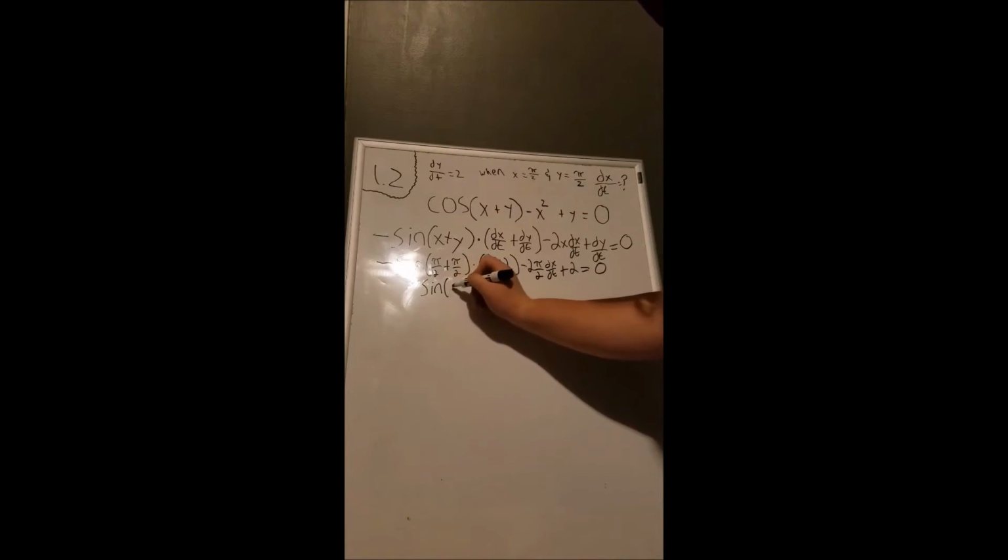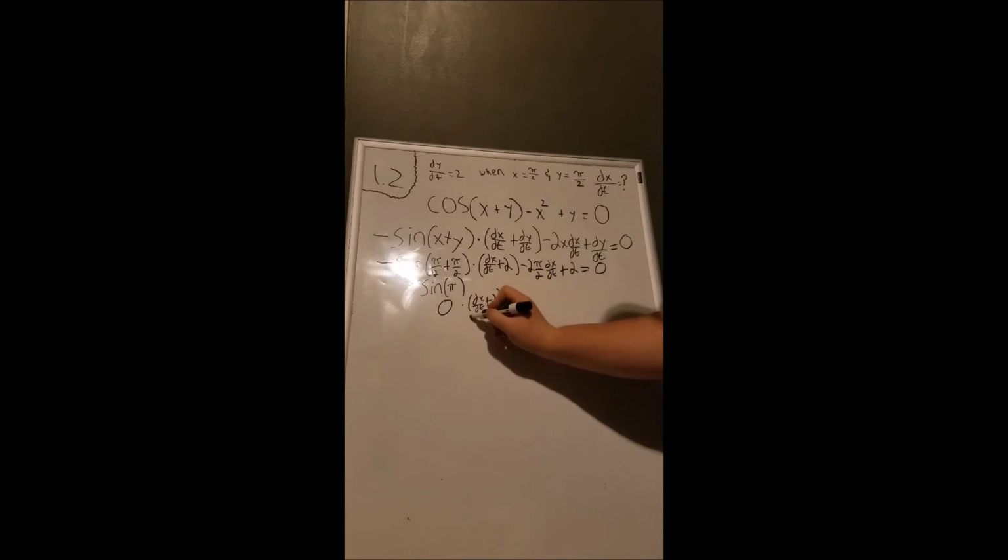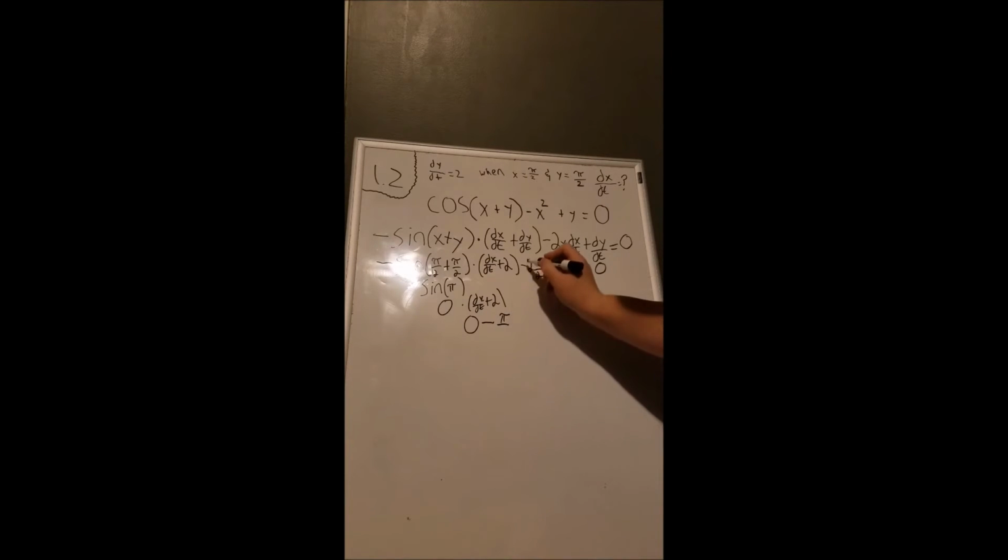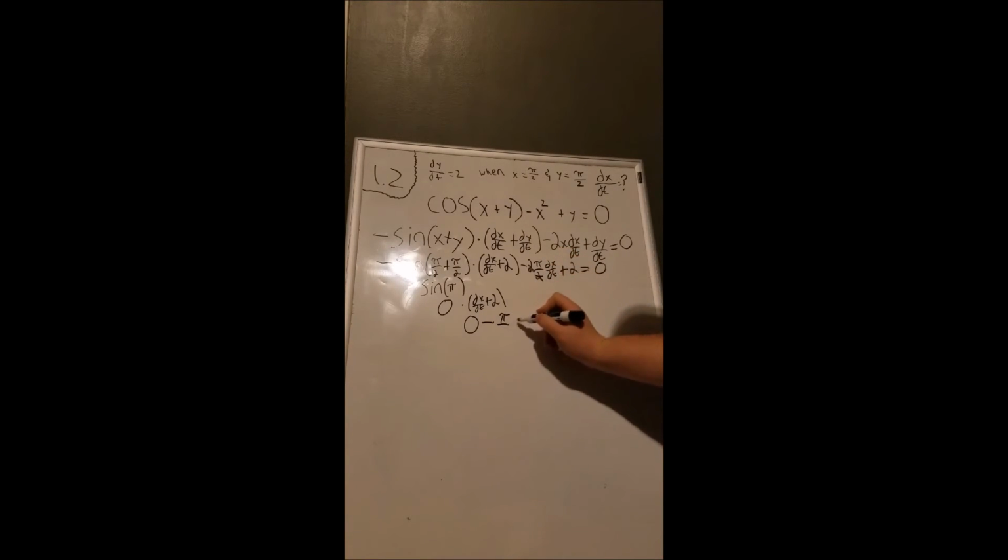Pi over 2 plus pi over 2 simplifies to pi, and the sine of pi is equal to 0. So we have 0 times (dx dt plus 2), which is equal to 0. So we're left with negative 2 times pi over 2, which simplifies to pi, dx dt plus 2 is equal to 0.